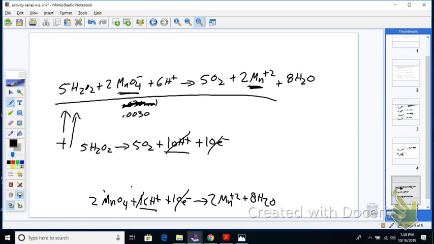That's of the KMnO4, so it's the same as the MnO4. So now what you've got to do is find out how many moles of H2O2 you had. So, you guys do your mole ratio and figure out how many moles of H2O2 you had.